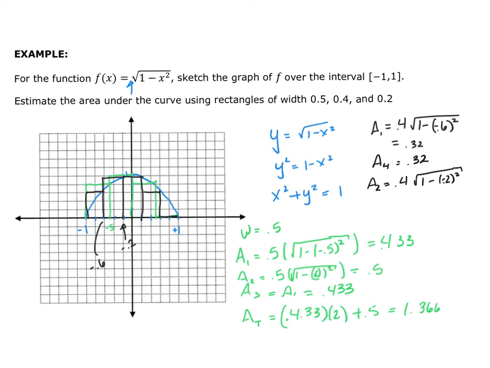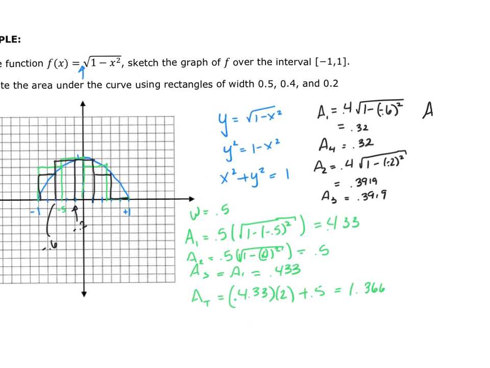And I get 0.3919. It has the same height and width as the next one, which is a sub 3. And so a sub 3 is 0.3919.